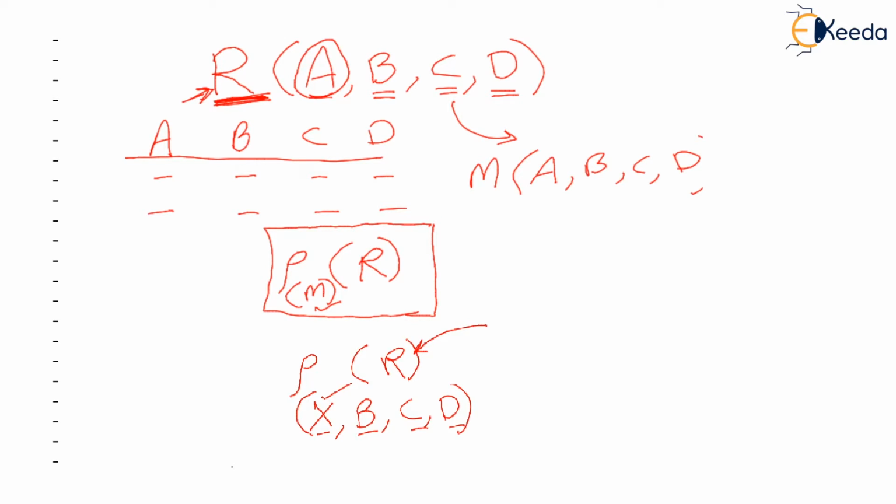Another way of looking at it is that you can either rename the table name or you can rename column name or both. Let us say we want to rename the table as M and all the columns we want to rename A, B, C, D as E, F, G, H. So the relational algebra expression will be rename operator.